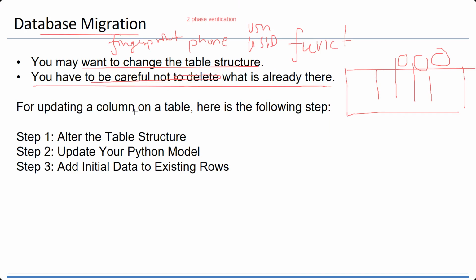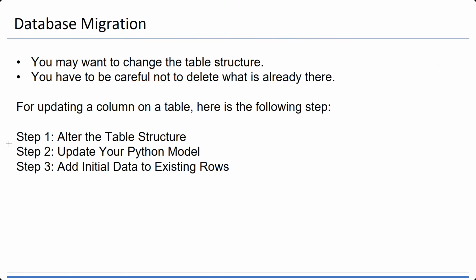So for this one, I'm just teaching you the very simple way to update the column. To update the column, I'm going to use SQL. And yes, this one is the very simple way to update the column.